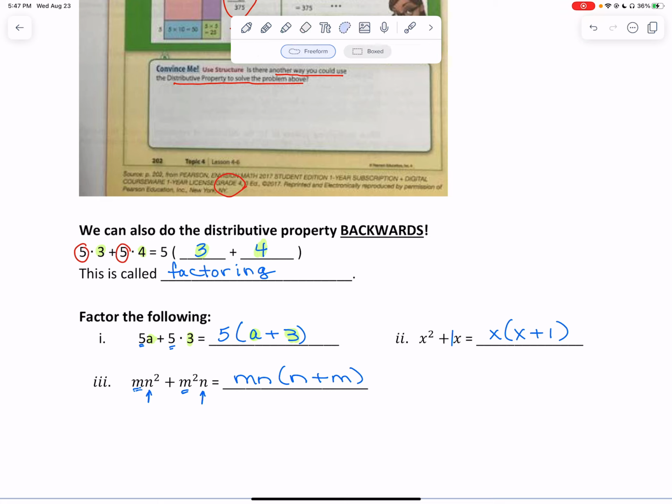On the outside of this one, I have an M and an N. So there's my M. But oops, I need another N, right? So that's why I put that in there. So this one's done, check. But this one, I've got M and N, so I've got one M, one N, but I've got an extra M, so that's why I put that one there. So you may remember that from Algebra 1.